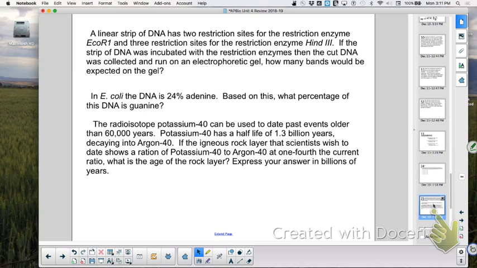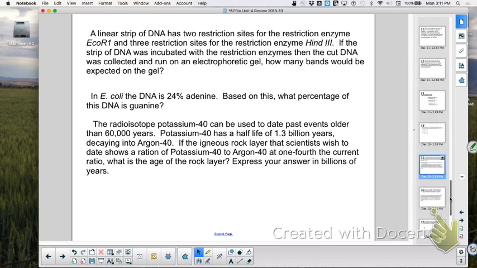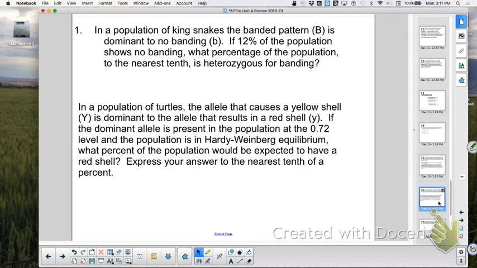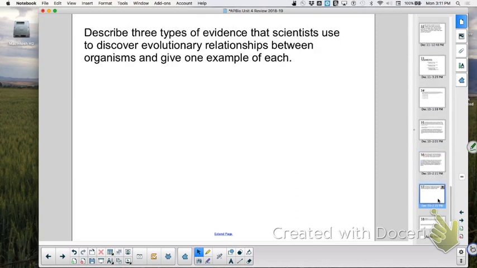Remember half-lives? The time it takes for half an isotope to decay. And then there's one in here about population, Hardy-Weinberg. This is all in the new school ones. And describe 3 types of evidence that scientists use to discover evolutionary relationships between organisms.